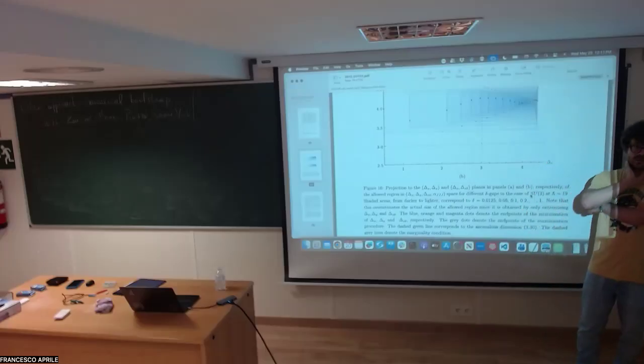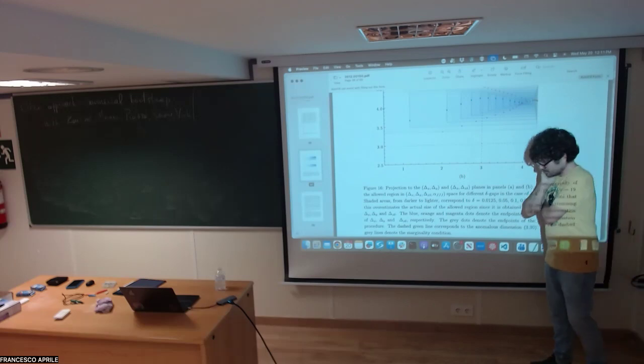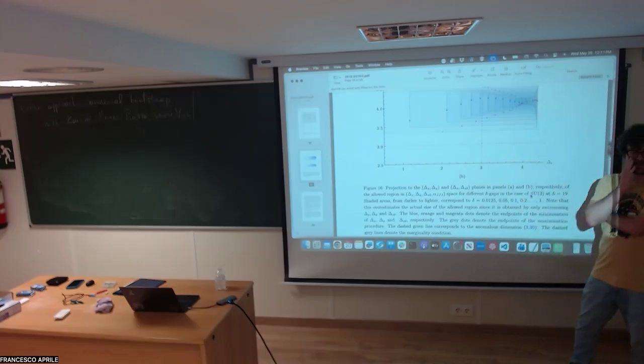It's just because in the small box limit, Yang-Mills coupling is non-zero, so the trace anomaly is always there, right? I agree, yes.